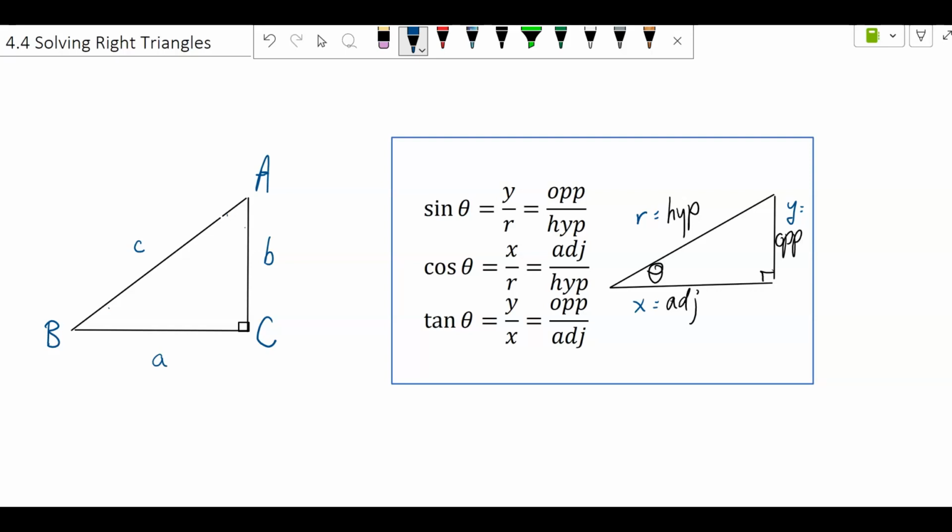Now, over here we see that sine theta is equal to opposite over hypotenuse. The hypotenuse is always opposite the 90, but opposite and adjacent can vary. It all depends on whether the theta that you are referring to is A or B, and it will always be A or B, not C. So if the theta that I'm referring to is A, then the side opposite A is a and the hypotenuse is c.